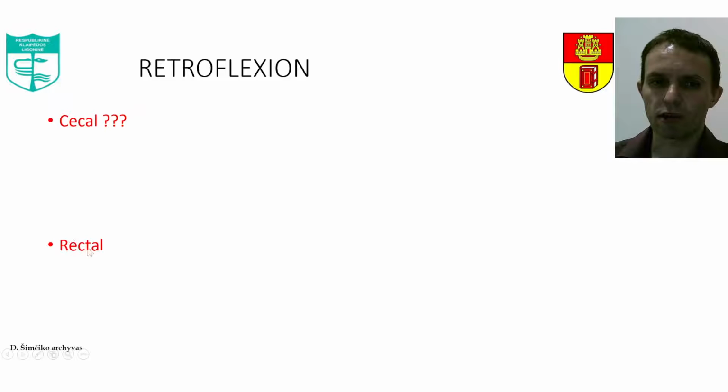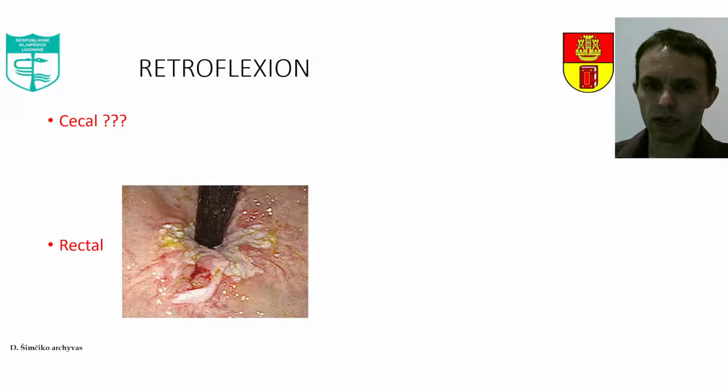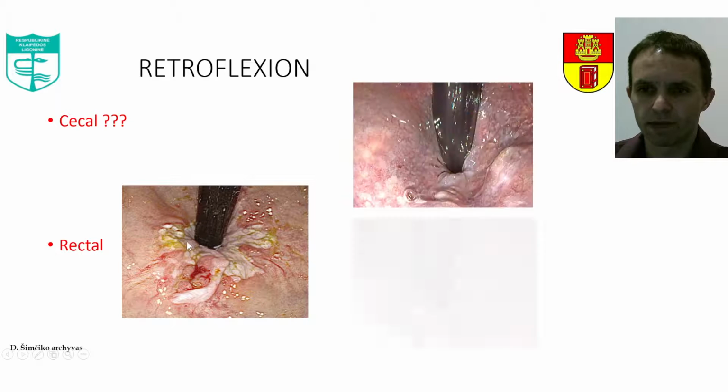What about rectal retroflexion? I think if there are no contraindications to perform this action, it should be performed in every colonoscopy because it is easy to miss the neoplasia of the distal rectum and anal canal if we do not perform retroflexion.